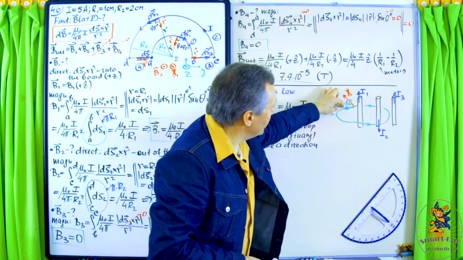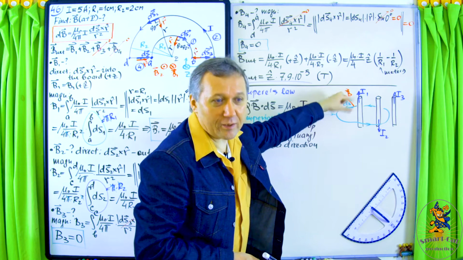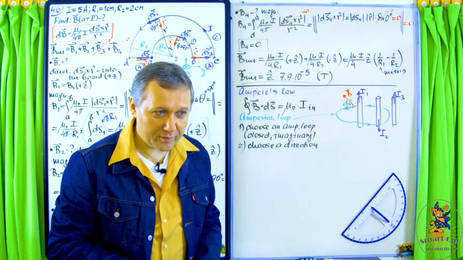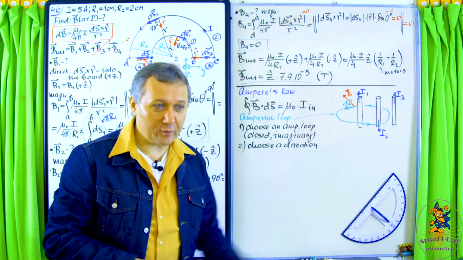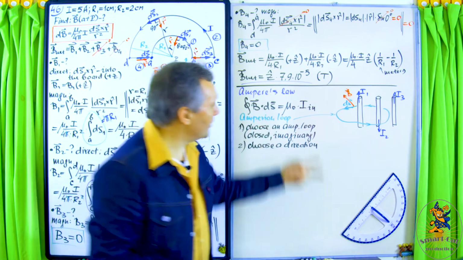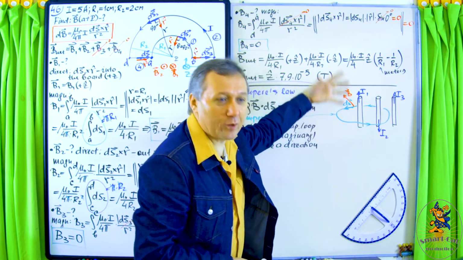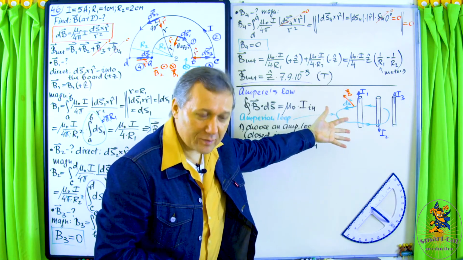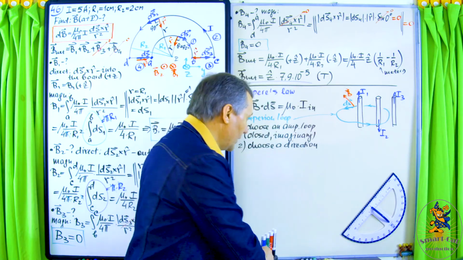Then you move to the next small ds. Again, there will be some value of B at that point. Again, take a dot product. You will get a second number. Now you have two numbers. You add them up. Then move to the next ds. Again, dot product, B dot ds. Small number, add to the previous two, and so on.